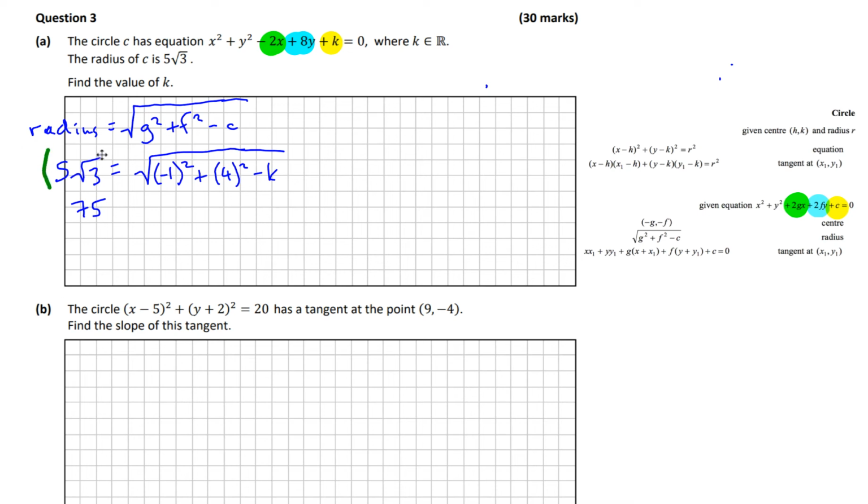Remembering we're squaring both sides here. Squaring this side, and then we're going to square that side. So you get 75 here.